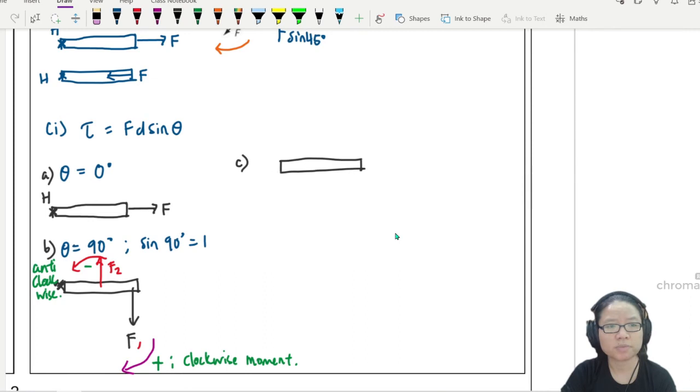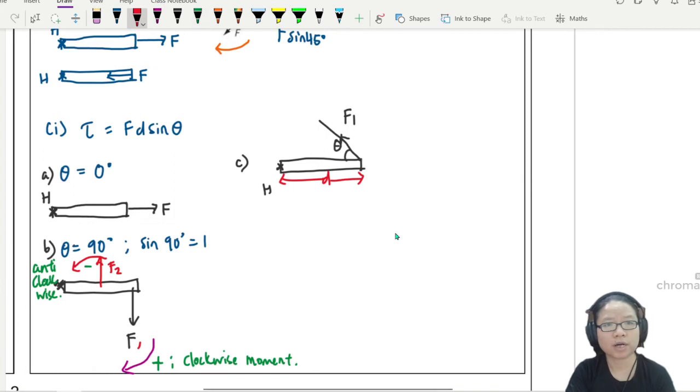So maybe this is my hinge, H. And then I apply force like that, just for fun. Maybe this is F1. So the theta is between here and here. If you're wondering where the D is, it is the length of the rod, measured from the pivot.